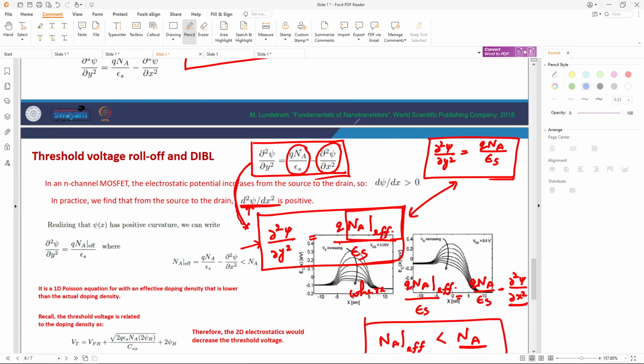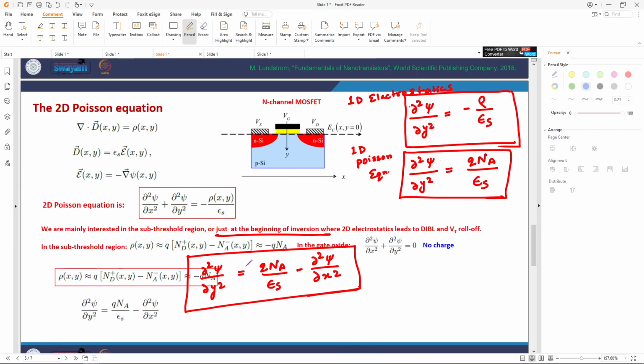Essentially, this is what we do. We write the d square psi by dy square as this, and we also know that since VDS is positive, VD is at a higher voltage than VS, which implies the electric field will point in which direction? Will it be from S to D or D to S?